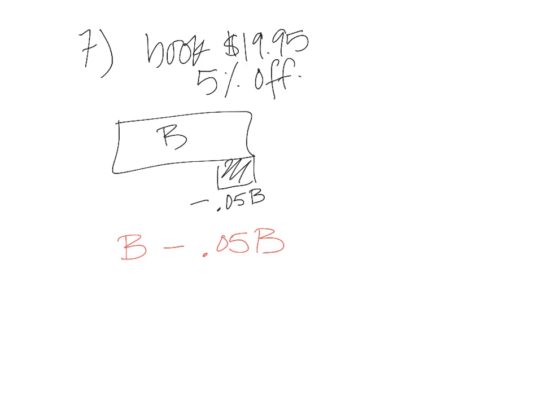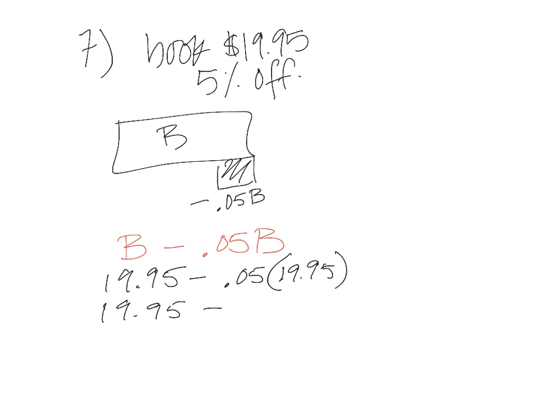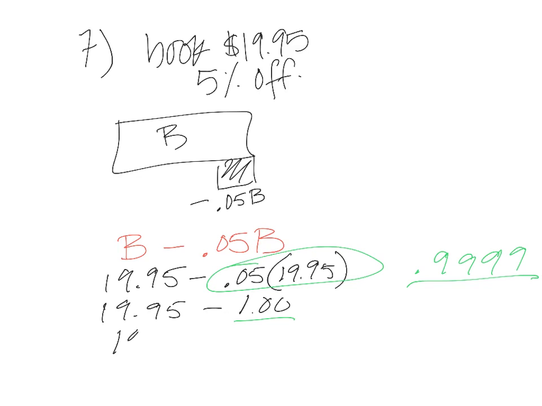Okay, and so my B is $19.95 minus 0.05 times the $19.95. So $19.95 minus $1, because this math right here ended up giving you a decimal, and this rounds to $1. So now $19.95 minus $1 leaves me with $18.95, and that's how much I'm going to pay for my book.